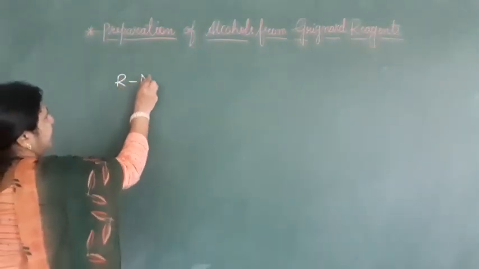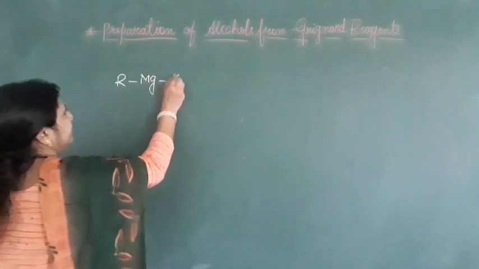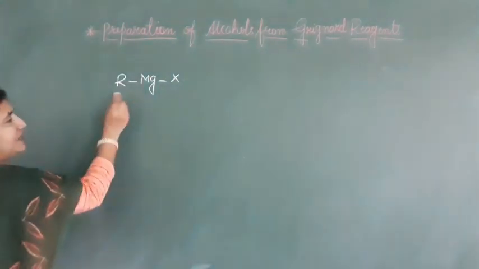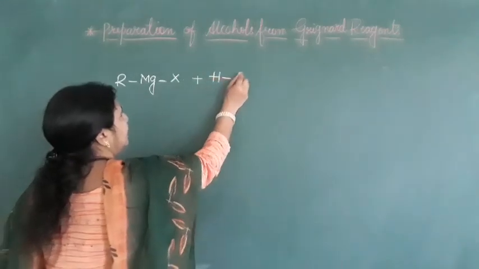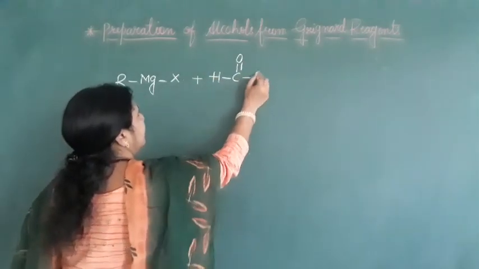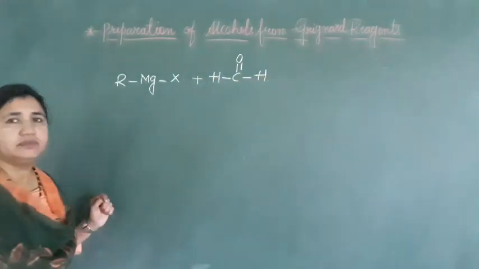So see here, this is RMgX. This is our Grignard reagent. It reacts with an aldehyde. Here I have taken formaldehyde.